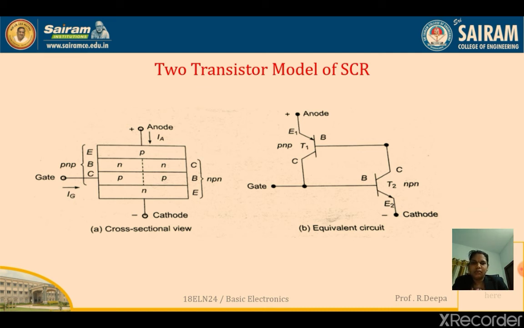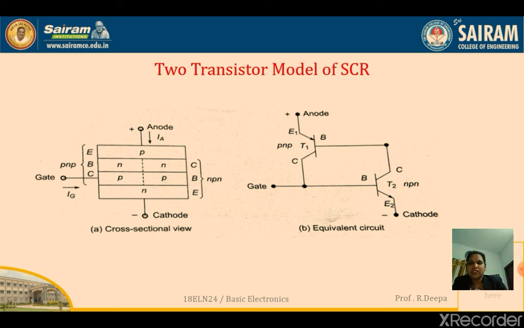Figure B represents the equivalent circuit of the SCR. That is, the equivalent two transistor model is represented here. The top one is named transistor T1, which is the PNP transistor, and the bottom transistor is named T2, which is the NPN transistor.